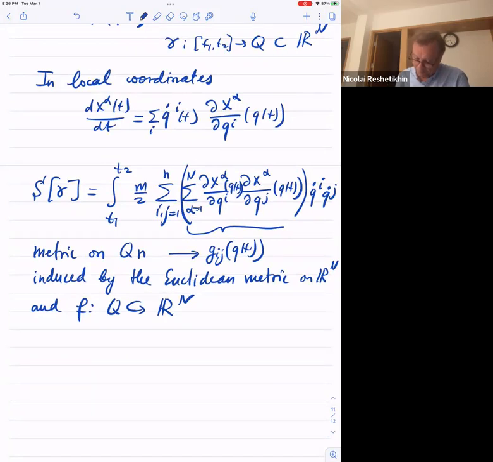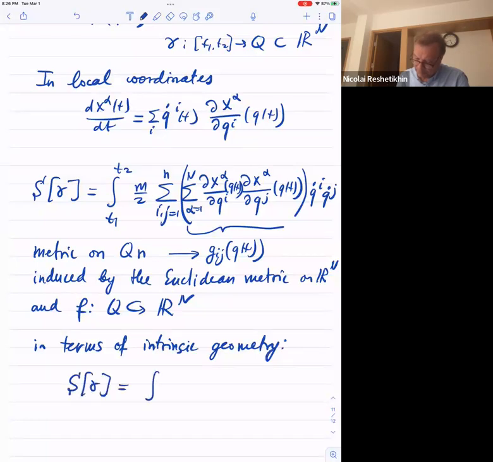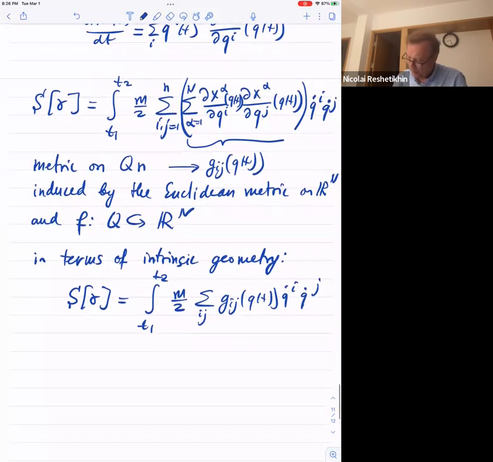And so in terms of intrinsic geometry, I can write S(gamma) as the integral from t1 to t2, m over 2, sum over i, j, g_ij(q(t)) q-dot^i q-dot^j dt.